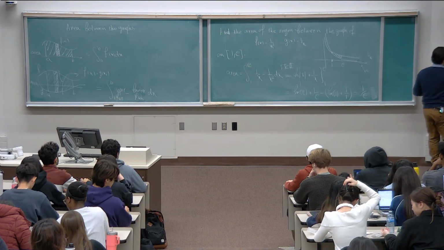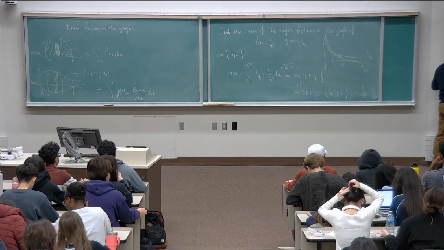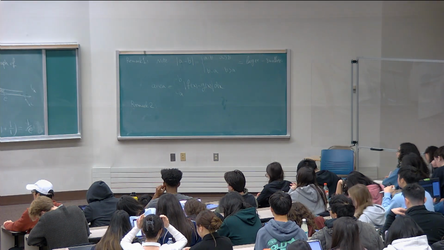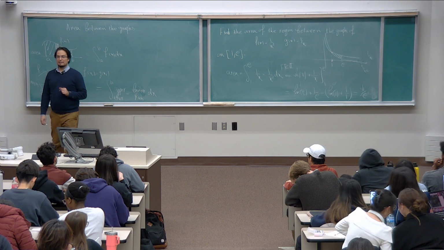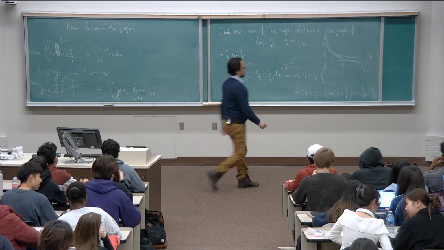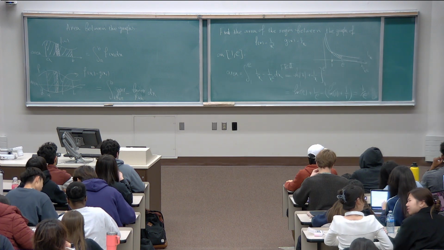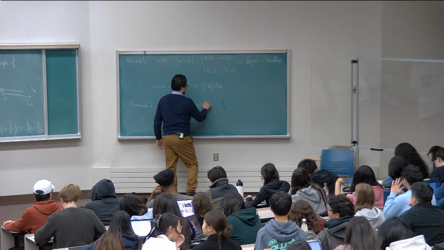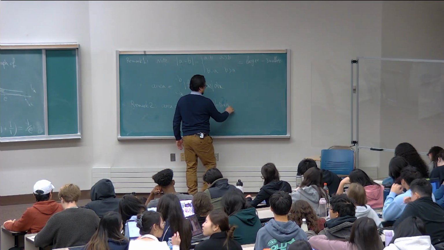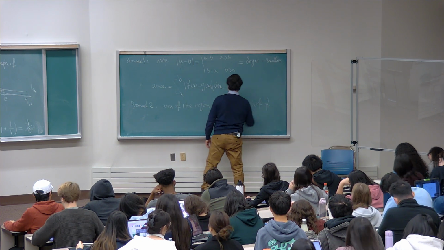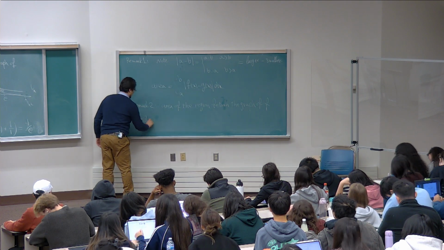That's one thing. The second thing that I should add here, remark 2. Remember the area under the graph of a positive function? That is nothing but the area between the graph and the x-axis. So the area of the region between the graph of f and the x-axis.